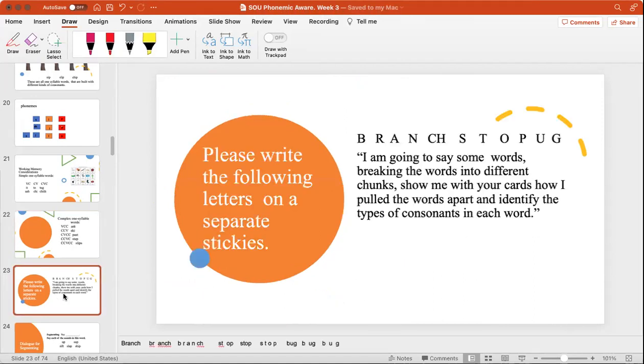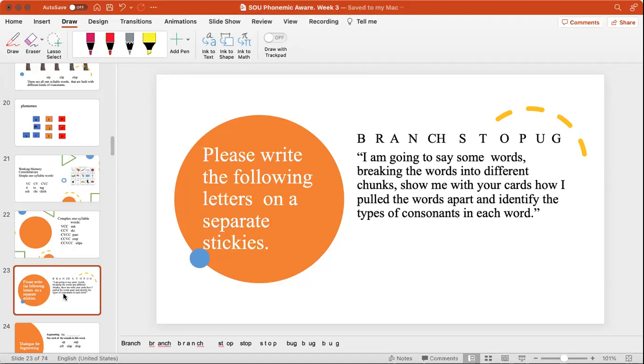So here, we're going to be doing some different exercises so that you can see how you might work with your students this week. I'd take a bunch of stickies and I'd have my students write the single sounds and the letter or letters that represent them for B, R, A, N, C, H, S, T, O, P, U, G. If I have a younger student, I might not use so many letters, right?